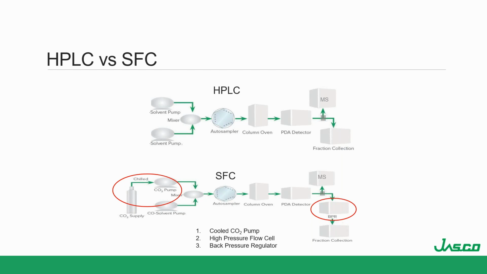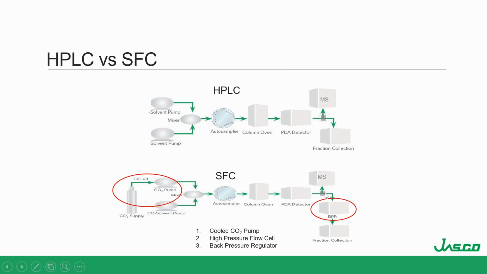Then we're going to mix in some sort of co-solvent, usually an alcohol with SFC, just something with a far different polarity than CO2. This way you can increase the diversity of the compounds that you go after. So just like HPLC, you're going to mix the 2. We're going to go into an autosampler, a column, and then into the detector.